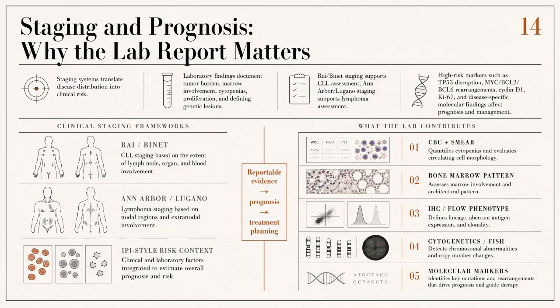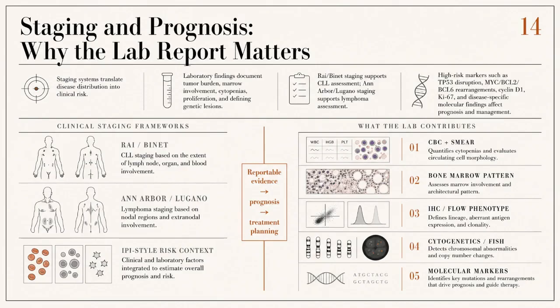Staging systems such as Rai and Binet for chronic lymphocytic leukemia, CLL, and Ann Arbor or Lugano for Hodgkin and non-Hodgkin lymphomas rely heavily on accurate laboratory data. These systems stratify patients based on parameters including lymphocyte counts, hemoglobin levels, platelet counts, and the presence or absence of organomegaly or extranodal disease.